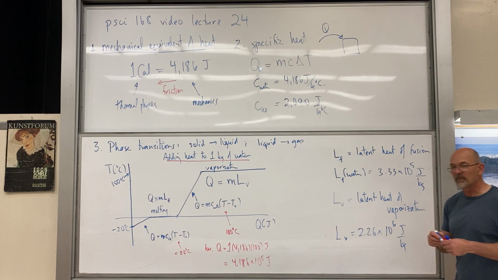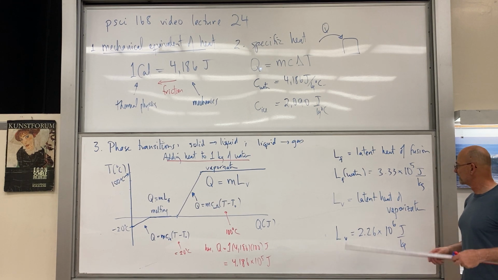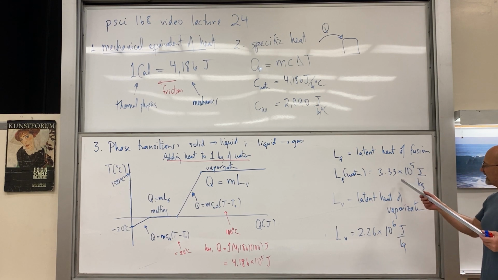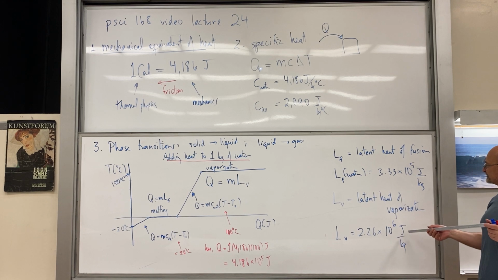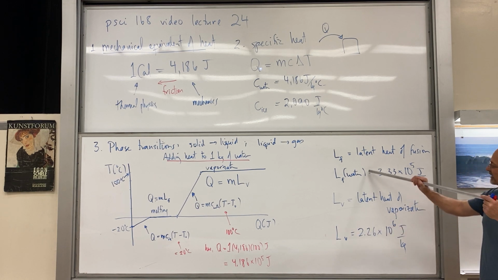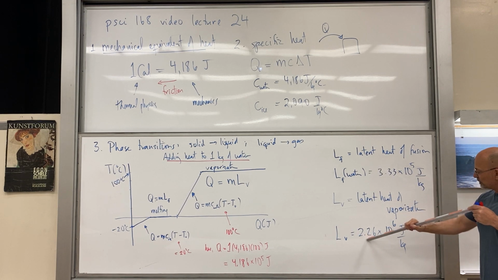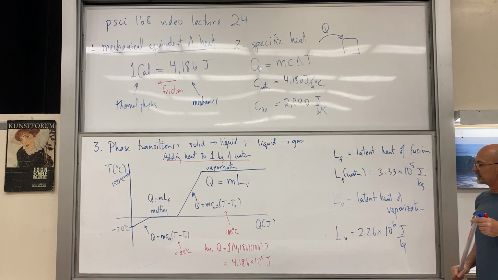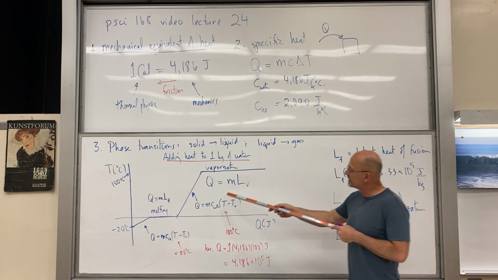So it takes an enormous amount of energy, almost 10 times as much, 8 times as much or so, 7, something, that much more than this amount here to vaporize the water. So yeah, there's a lot of energy involved.